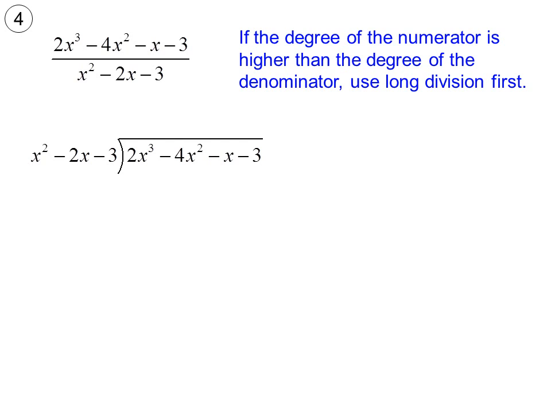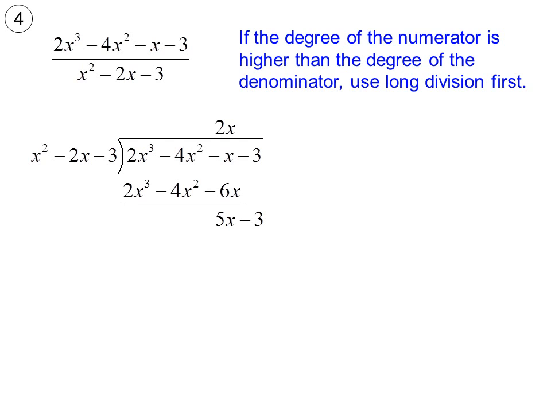So to get 2x cubed, we have to multiply x squared by 2x. And then we multiply 2x times the divisor, get 2x cubed minus 4x squared minus 6x.